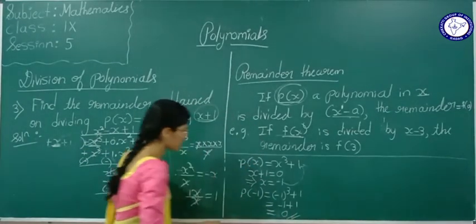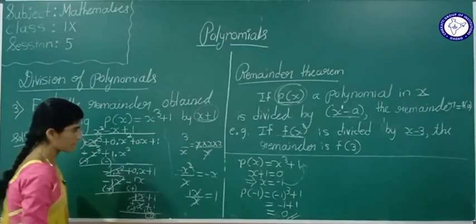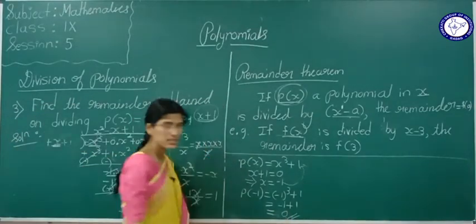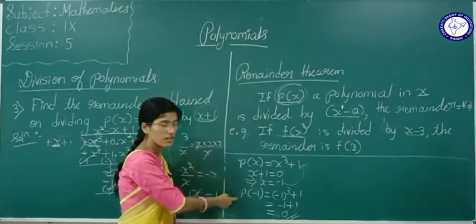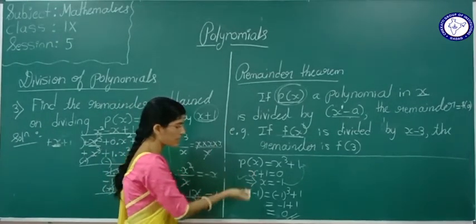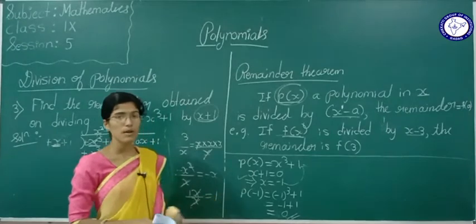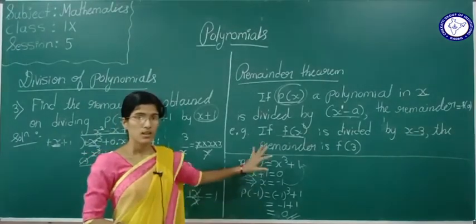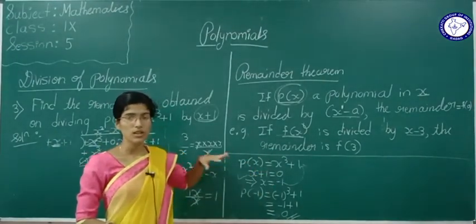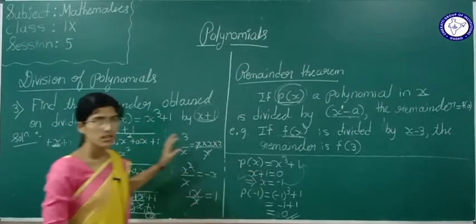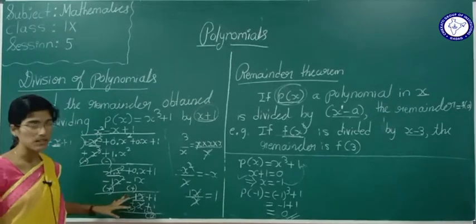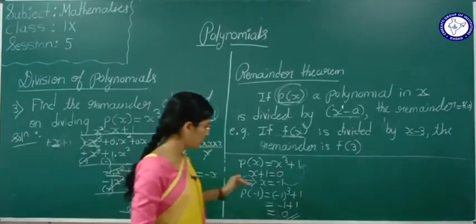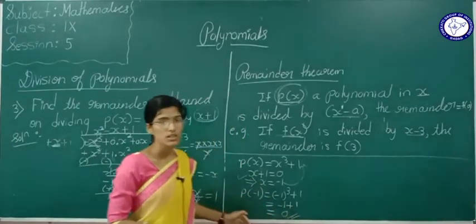0. Now see, here also we got remainder 0, and here also we got remainder 0. Now which is easy? This is easy or this is easy? Easy means this answer we get very quickly. Now see, by the remainder theorem we can find out only the remainder, not the quotient. In the long division method we get the quotient and the remainder, but in the remainder theorem we can find out only the remainder.